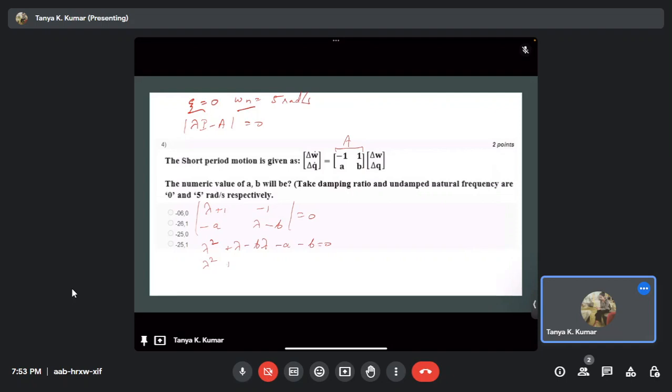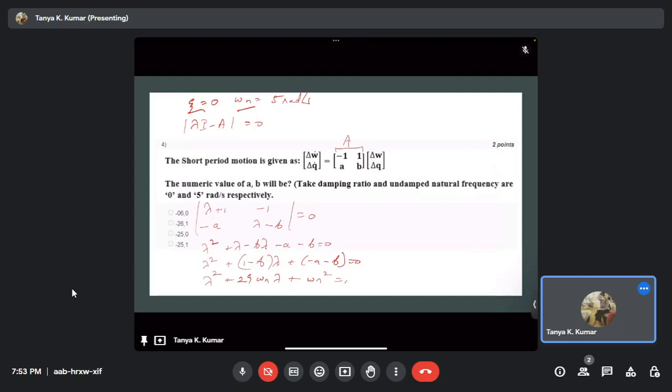Lambda square plus (1 minus B) into lambda plus (minus A minus B) equal to 0. Equated to a typical second order equation, lambda square plus 2 eta omega n lambda plus omega n square equal to 0.